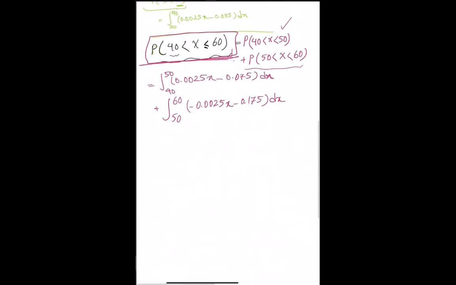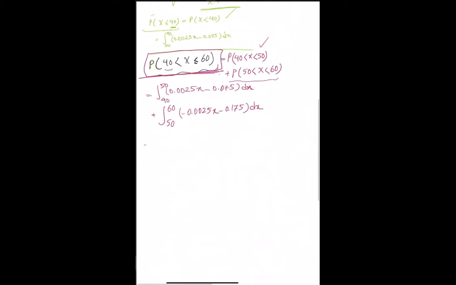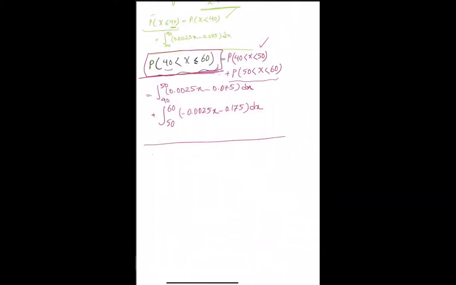Okay, then the next question says, what is the value of x exceeded with probability 0.99? What is the value of x that we can exceed with probability of 0.99?